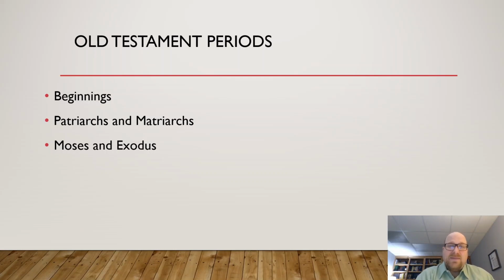So the main event is the title of the book. And the main character throughout the rest of the Pentateuch, from Exodus through Deuteronomy, will be Moses. He's the leader of the Israelites, called to deliver them from bondage. And Moses is the main guy. So Moses and the Exodus takes us through the rest of the Pentateuch: Exodus, Leviticus, Numbers, and Deuteronomy.